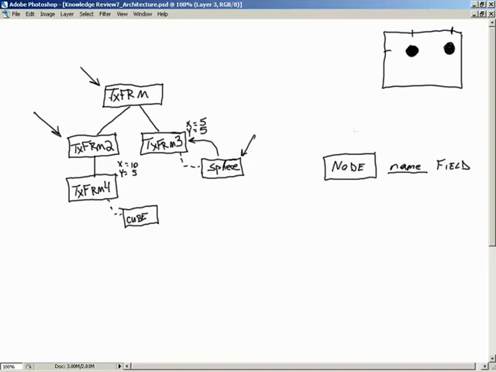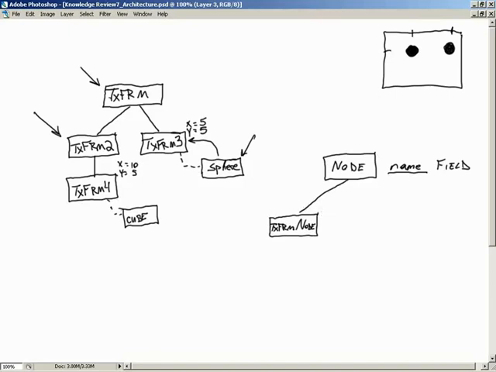Well, we know we need transform nodes. So we'll extend node into a transform node. And in the transform node, this is where we're going to contain things like translate X, translate Y, translate Z if we were doing 3D, rotation, etc. Okay? It automatically has name because it inherits name.